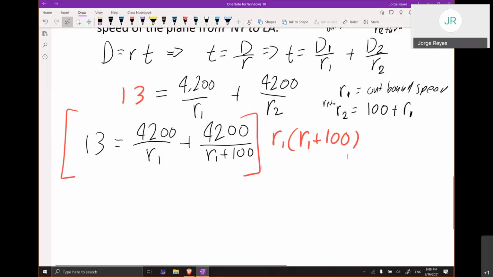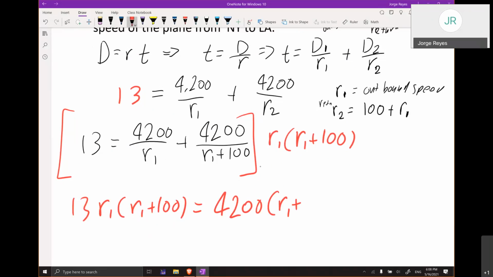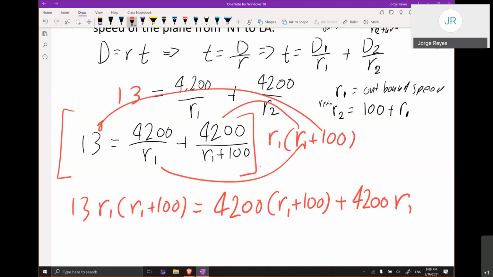So we get 13 R1 plus 100 equals 4,200 R1 plus 100 plus 4,200 R1. If you distribute and cancel all of the stuff, we should get to this equation.